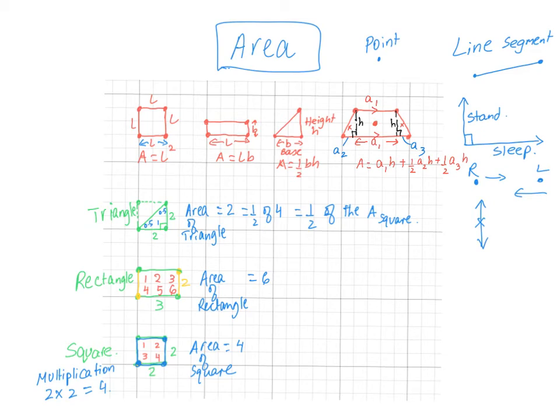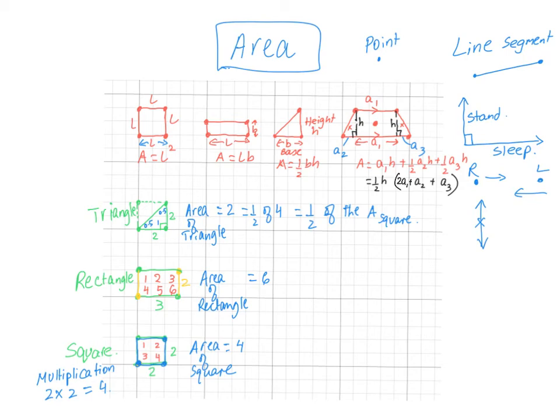Now if you notice, you've got the half h. Let's take that common. So if I take half h common, now this part will become A2. This part will become A3, right? But this part will become 2A1.